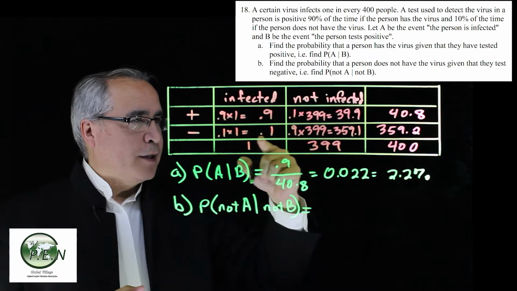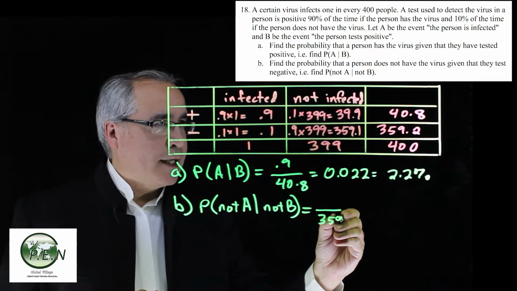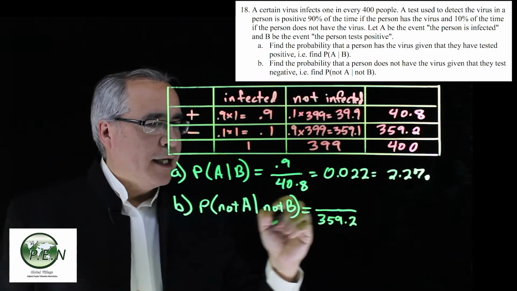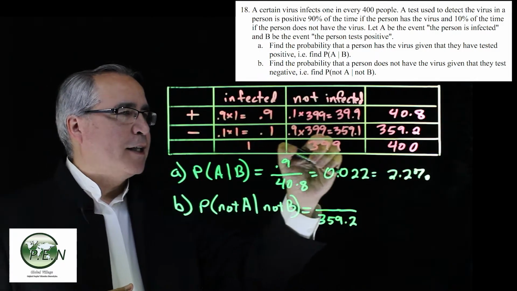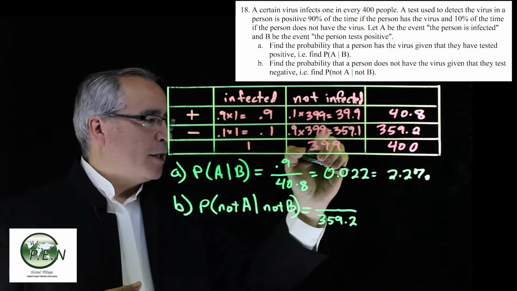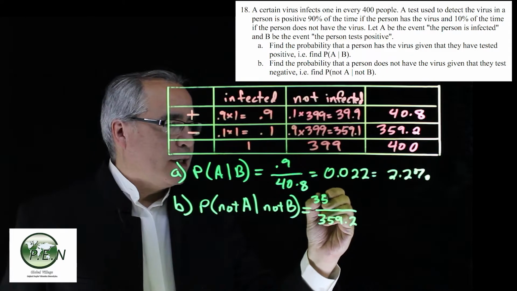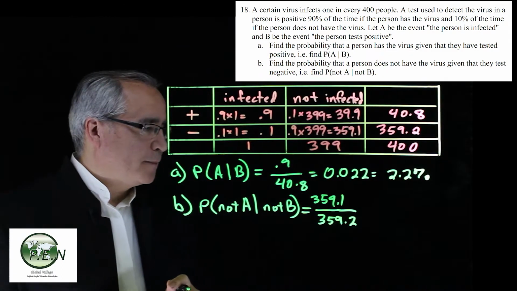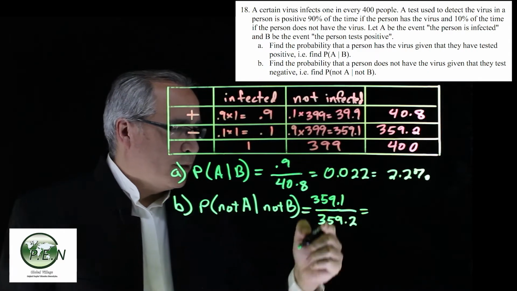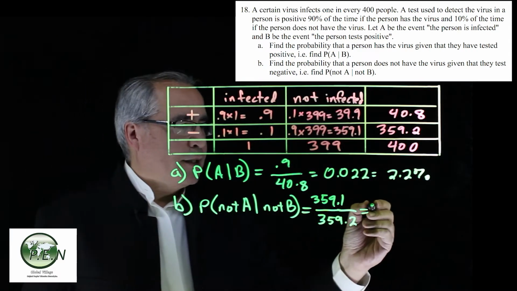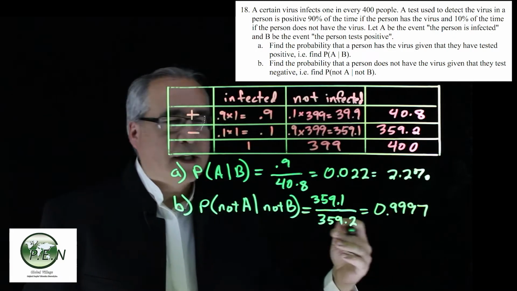Okay, so we look here, the total is going to be out of 359.2. And then what is not A? Not A means they're not infected. So that would be this number here, 359.1. So that gives us a number, when you divide these two, of 0.9997. You had to go out.